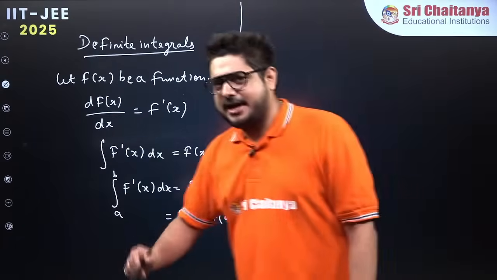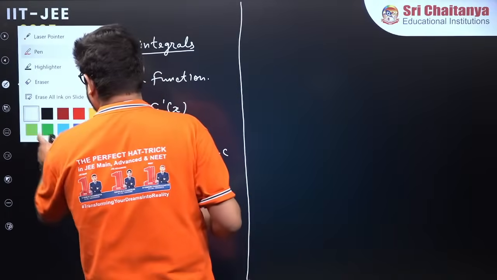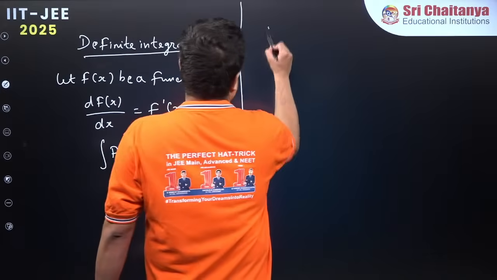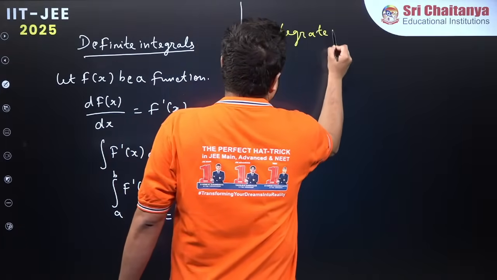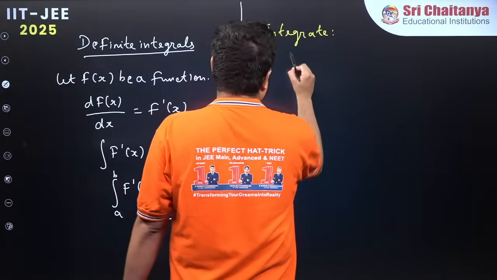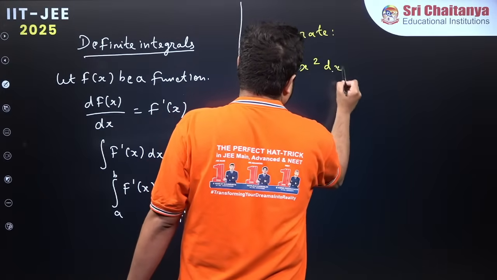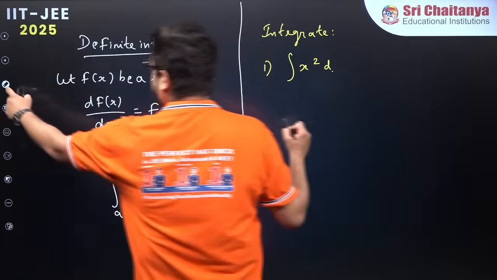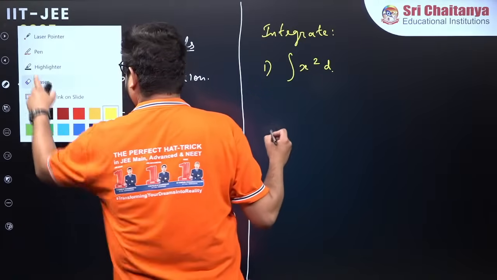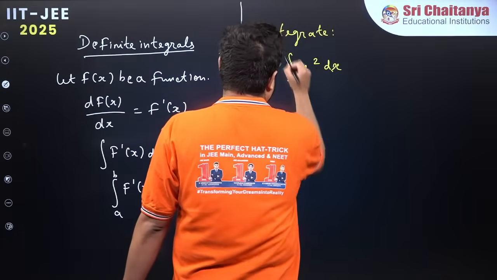Now let's give a try with a very simple function. Let's try to integrate two functions. Let's say it's x square dx, putting the limits, let's say 1 to 2.